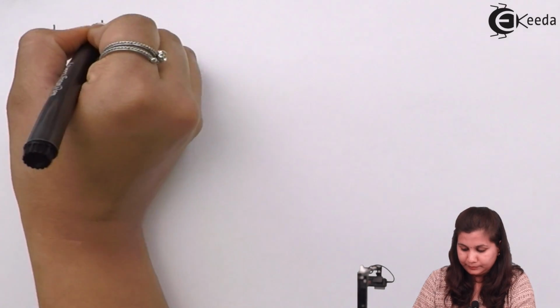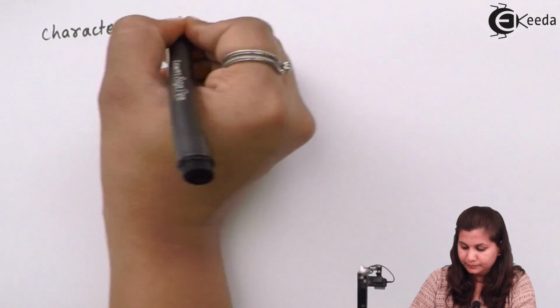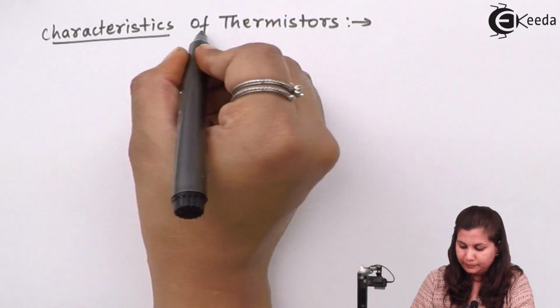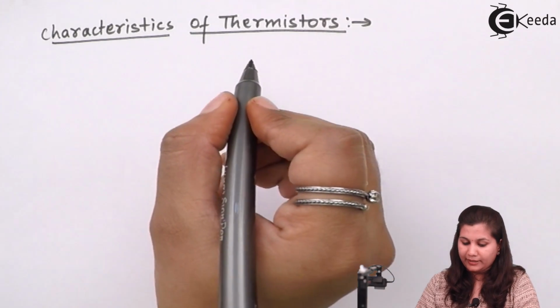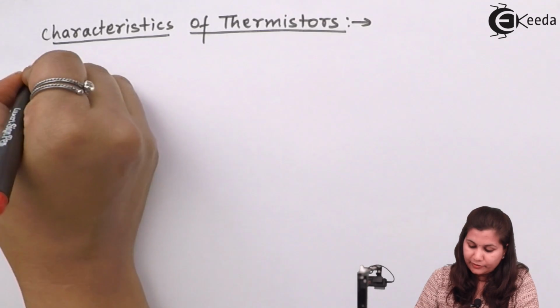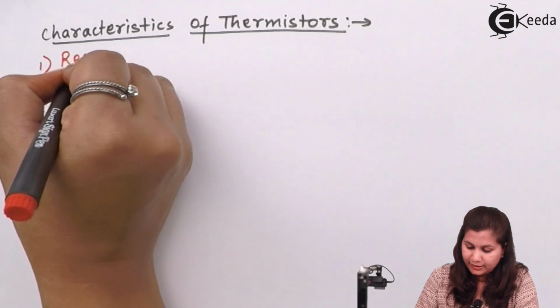So this was all about the construction of the thermistor, that is, what material the thermistors are made of and in what sizes and shapes they are made. Now let us come to the characteristics of the thermistors. There are three types of characteristics of the thermistor. First is the resistance temperature characteristic.